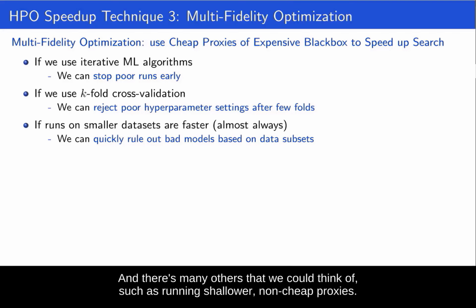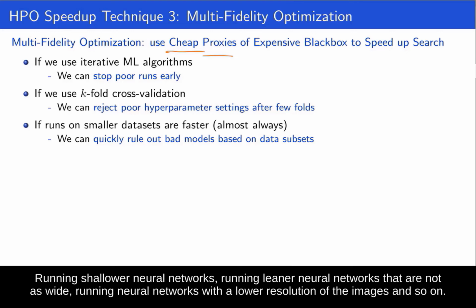There are various different ways to define these cheap proxies, and many others that we could think of, such as running shallower neural networks, running leaner neural networks that are not as wide, running neural networks with a lower resolution of the images, and so on.